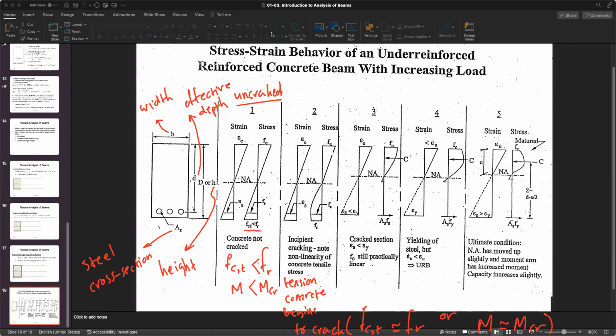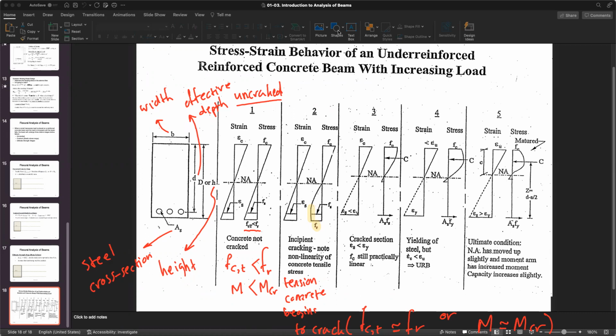When you crack, what happens? On the tension side, the tension on concrete is equal to FR. A bit of nonlinearity you're seeing in concrete at the bottom, because it is at the moment of cracking.